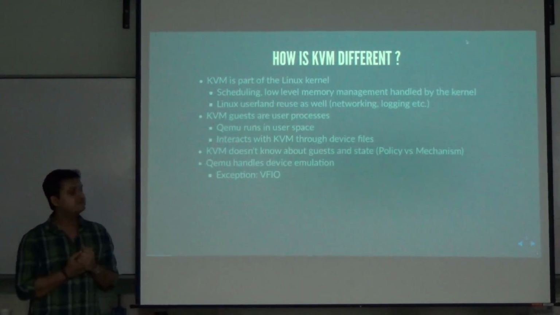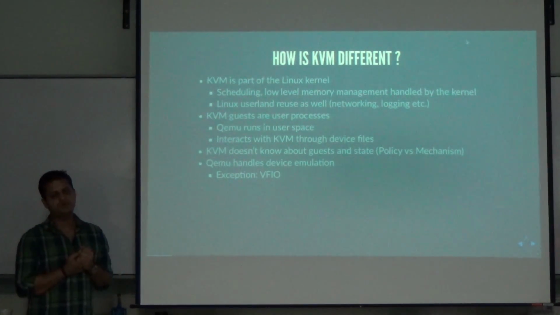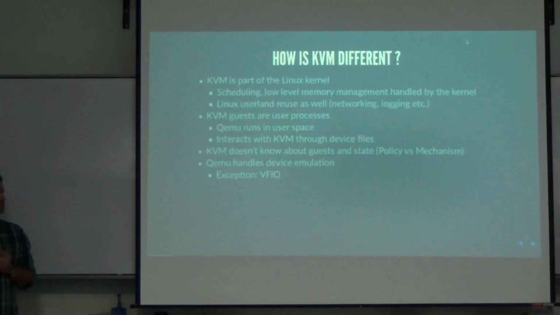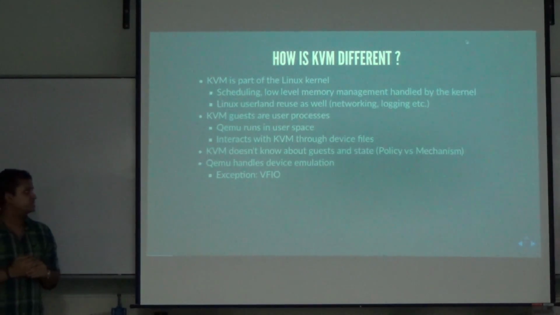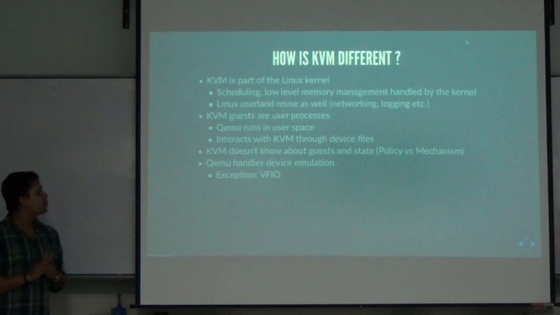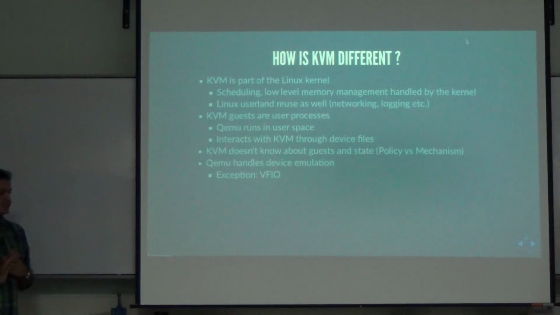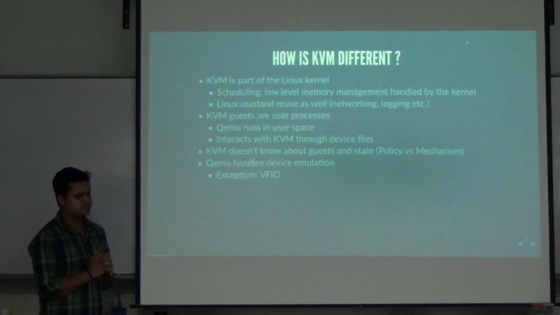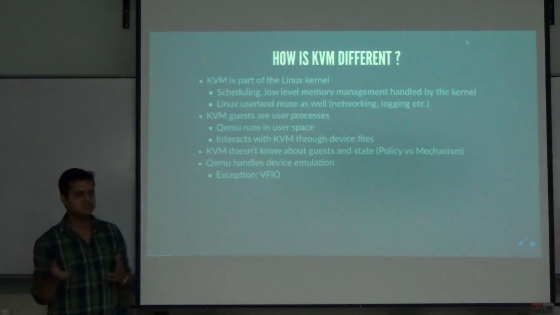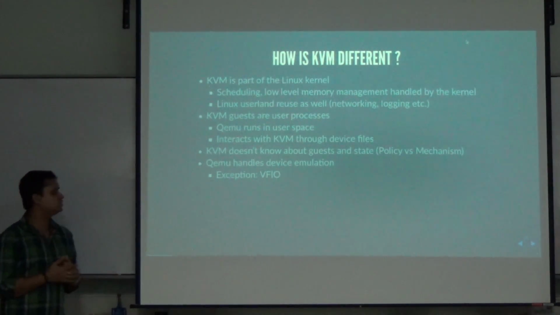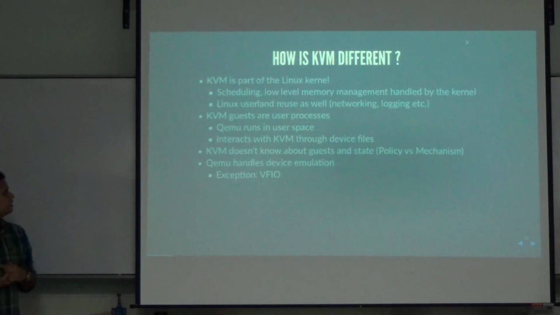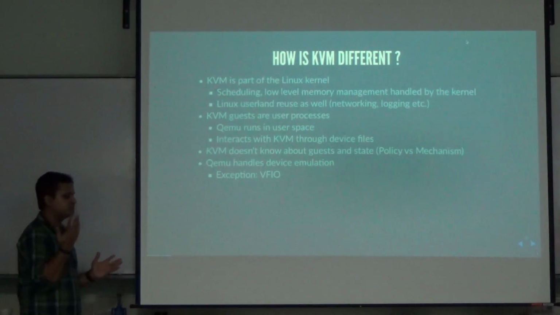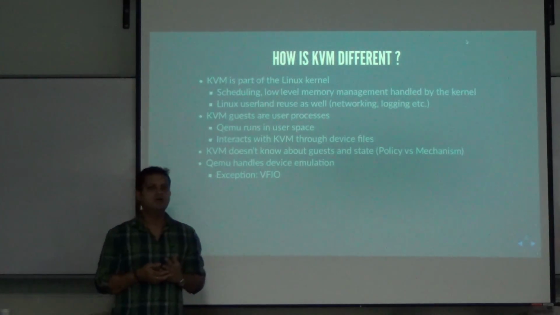There's also a lot of networking functionality for user space to use, such as the tap interface. And KVM guests are essentially user processes. So you could do a ps and see that there's a KVM process running, which you can kill as a regular user.